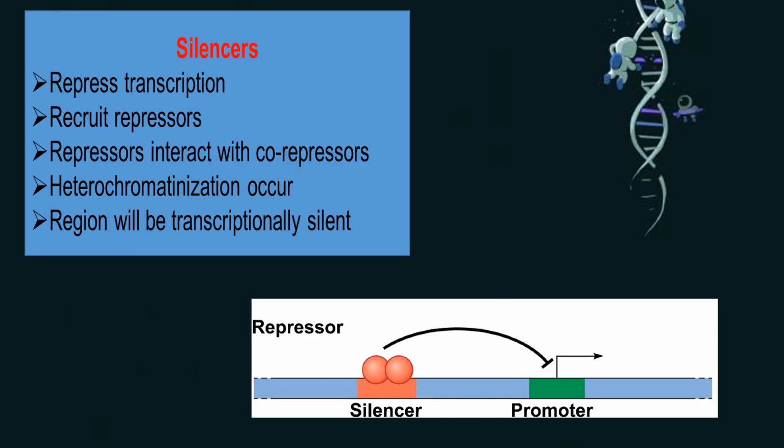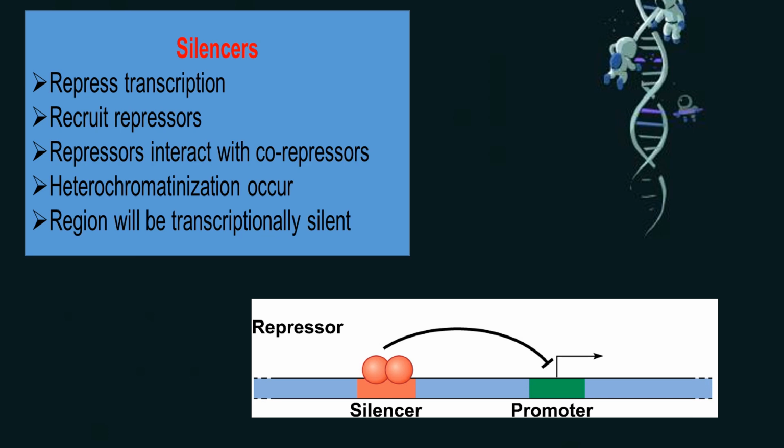Silencers. As the name indicates, it silences the promoter, that is, it represses the transcription. It functions analogous to enhancers and also antagonistic to them. They are orientation and distance independent. They recruit repressors.